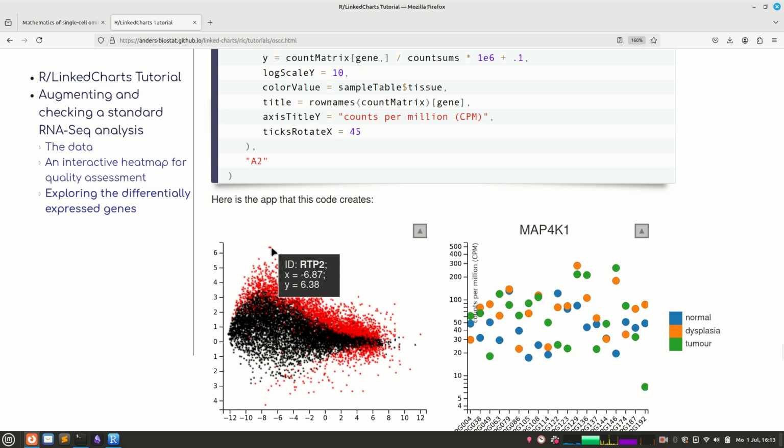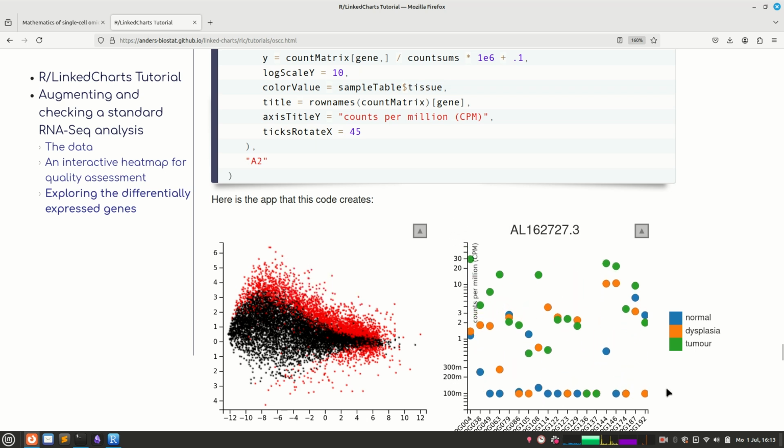So this is a gene which is consistently high, and what I've now done in this app here is that I can click on one of these genes, and then I see the individual values to the right, and can see that yes, indeed in all the patients the tumor is much higher than the dysplasic tissue, with the notable exception of this one sample.